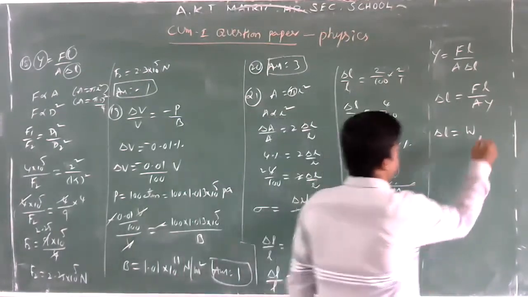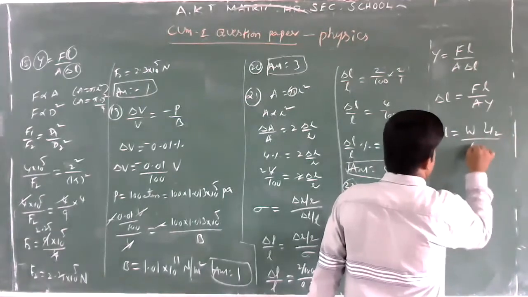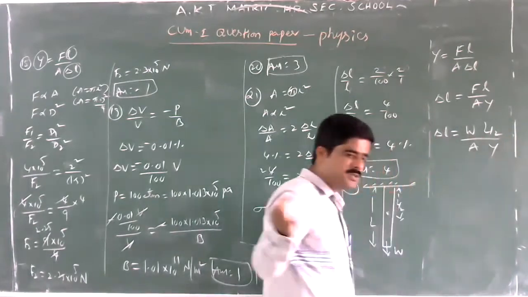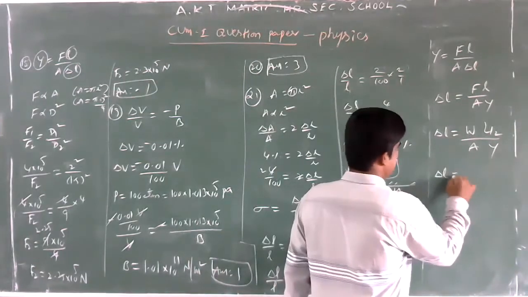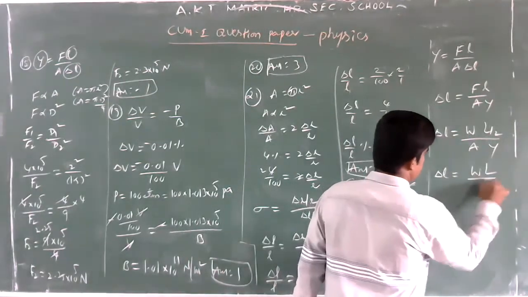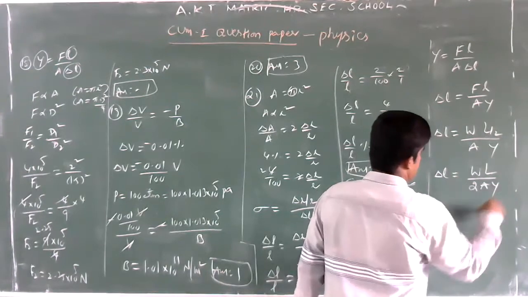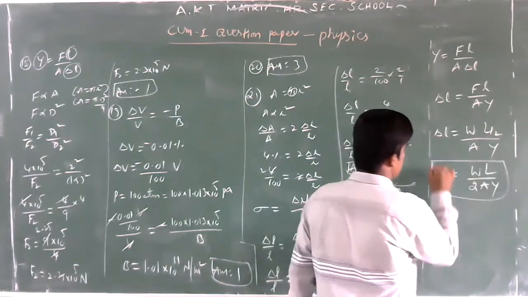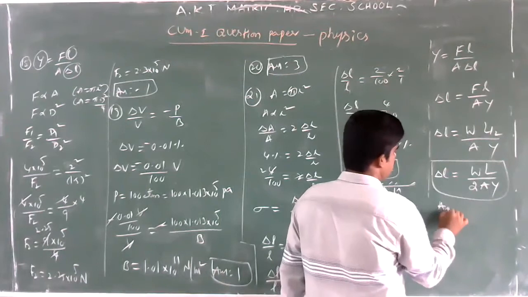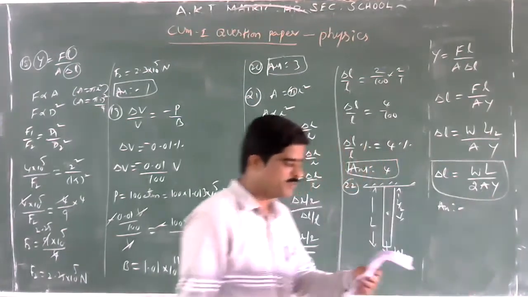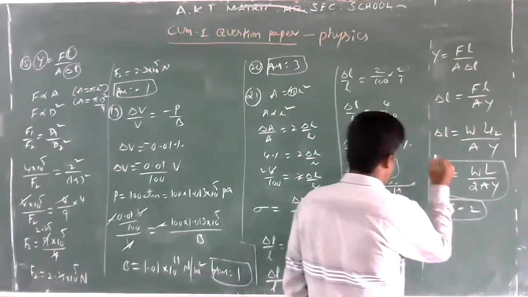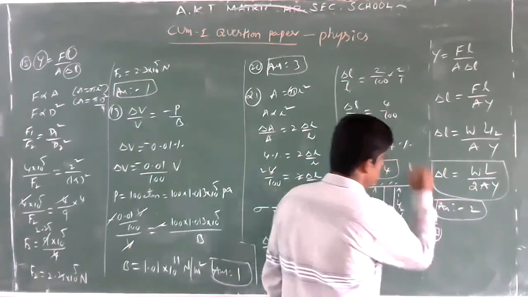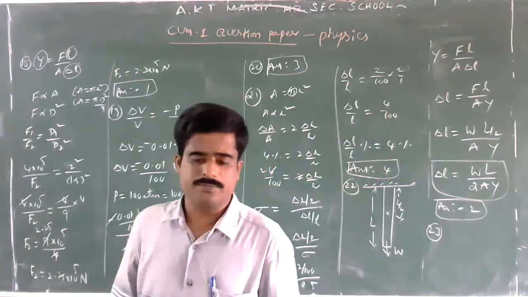So L is equal to L by 2, divided by area of cross section A, and Young's modulus is Y, which they have given in the question. Then delta L is equal to WL by 2AY. So this is the elongation produced in the rod. So which option is correct for question number 22? The second option is correct. Next, question number 23.